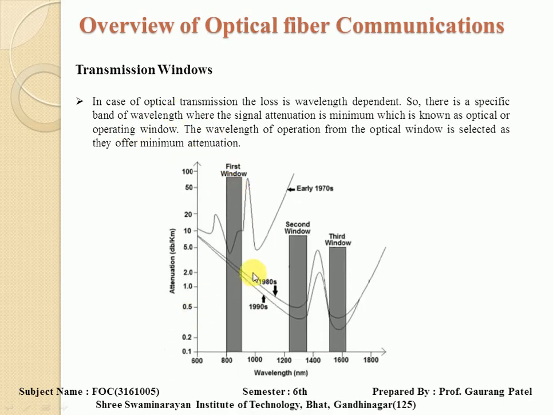So the figure shows the diagram of attenuation versus wavelength, and as you can see from the figure, there are three operating windows for which the transmission loss is minimum. The first window is centered about 800 nanometer to 900 nanometer, and at this wavelength the loss identified was 4 dB per kilometer.